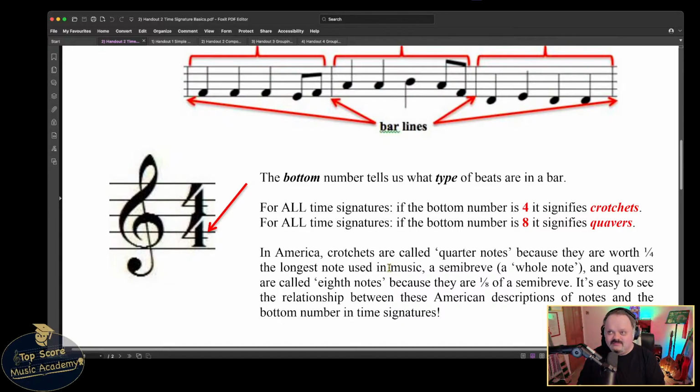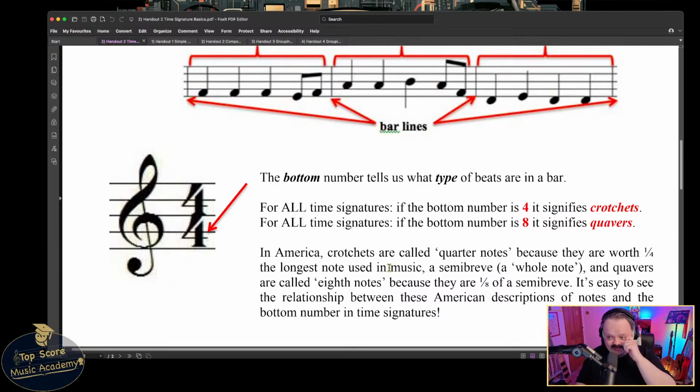You have your whole note, minims would be half notes, crotchets would be quarter notes, quavers are eighth notes, semiquavers are 16th notes, and so on. We don't really even go further beyond 30-second notes, which we would call demisemiquavers in Britain and Ireland. And it starts becoming silly after that, like hemidemisemiquavers and semihemidemisemiquavers.